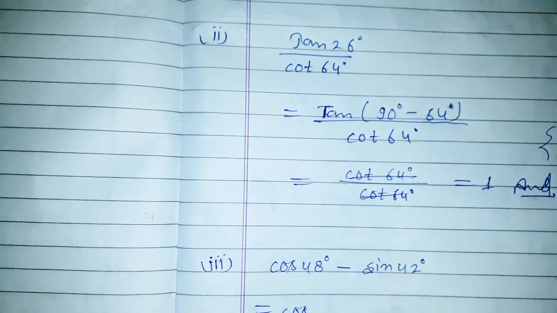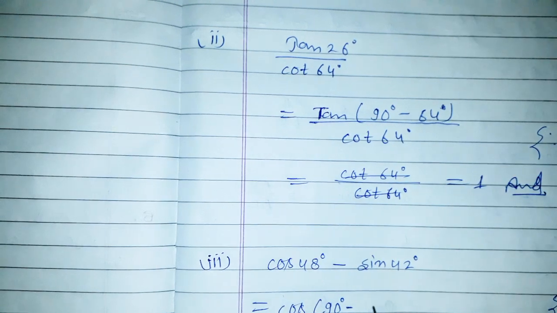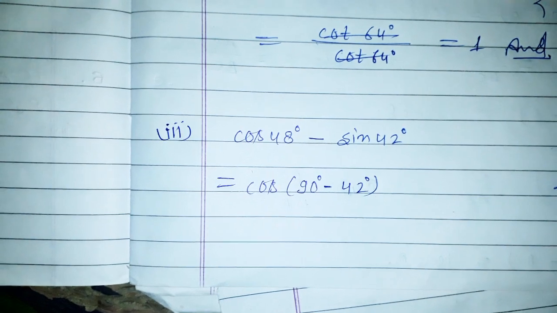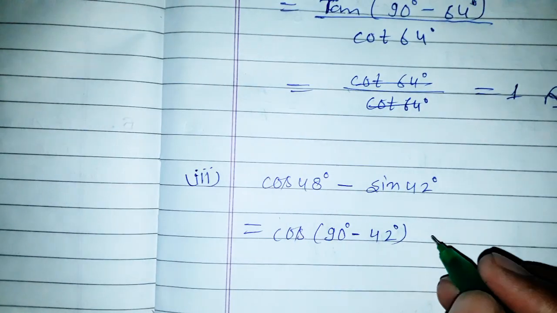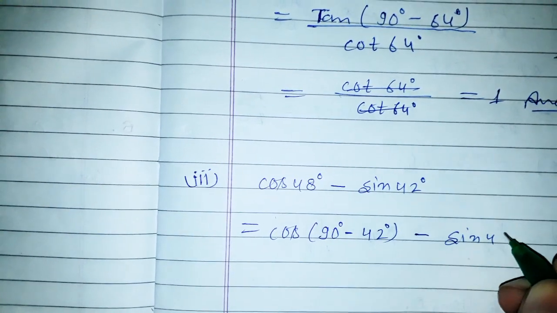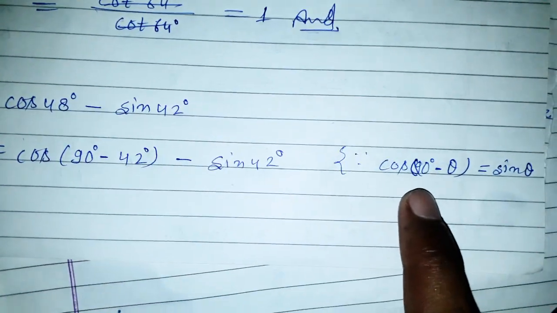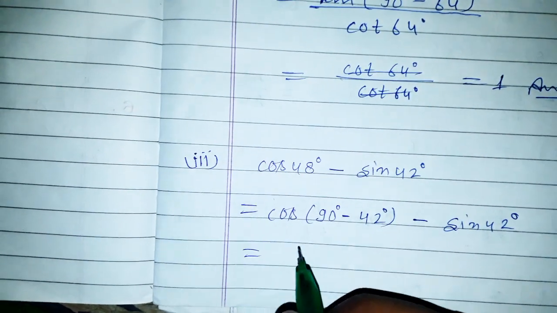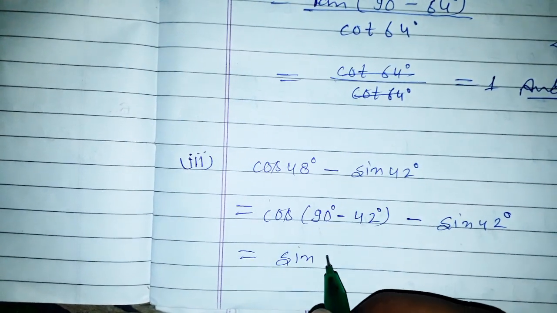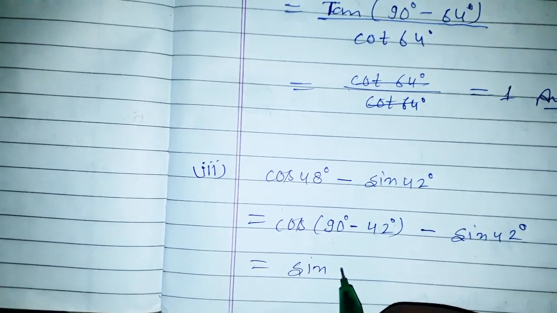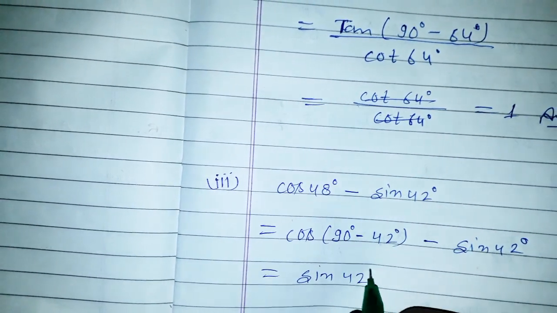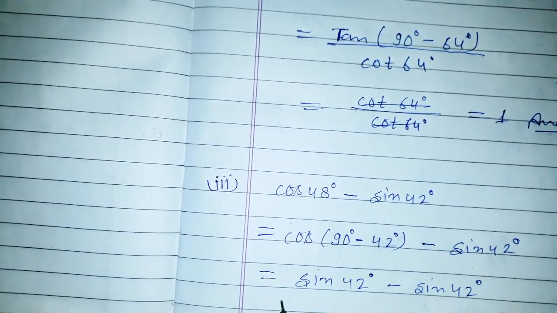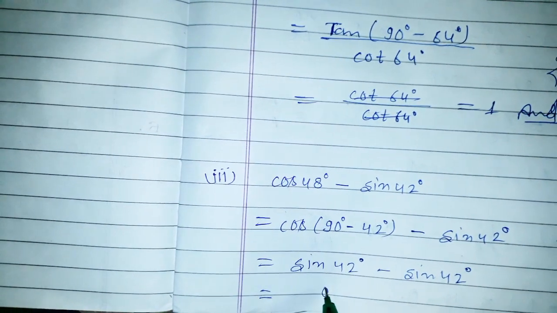So here cos(90 minus 42), which is 48, minus sin 42 degree. Because cos(90 minus theta) is sin theta, this is sin 42 degree minus sin 42 degree, so it cancels out, so 0.